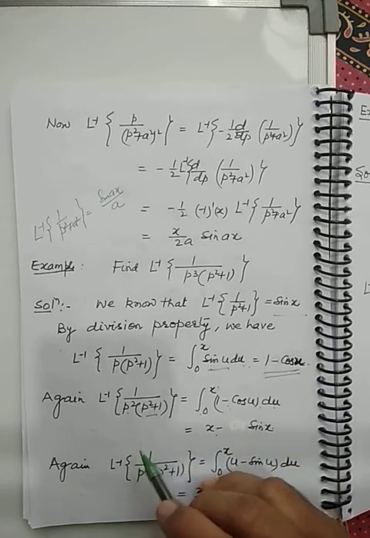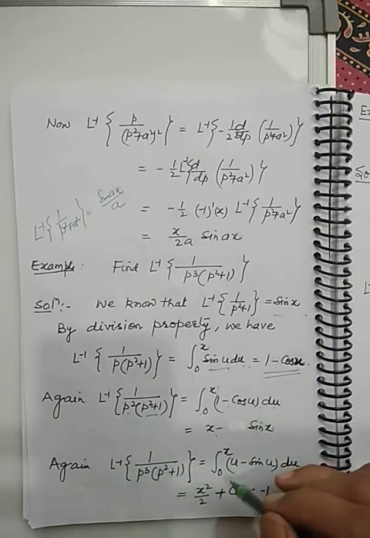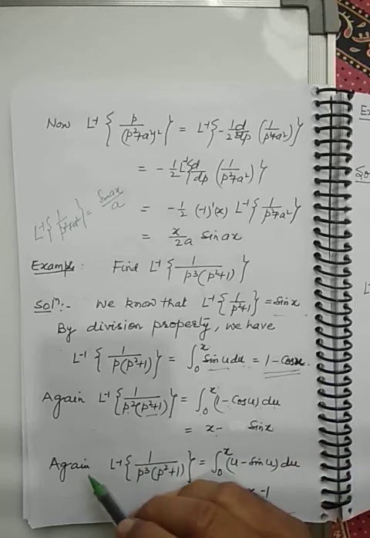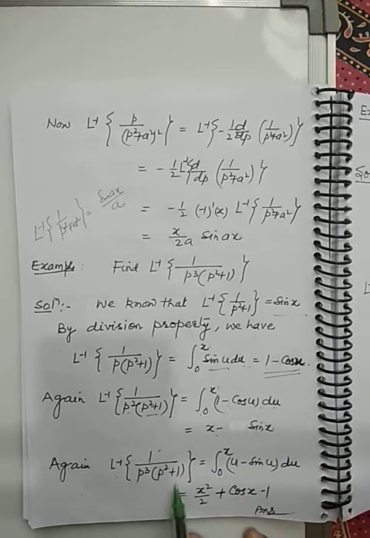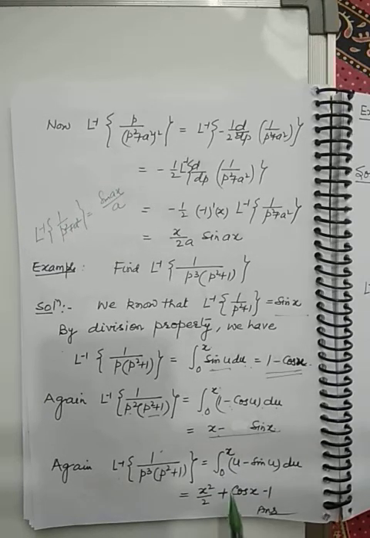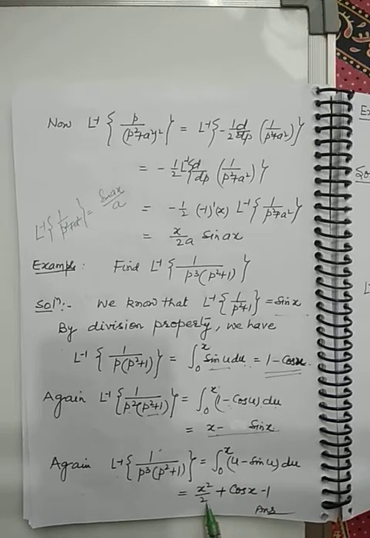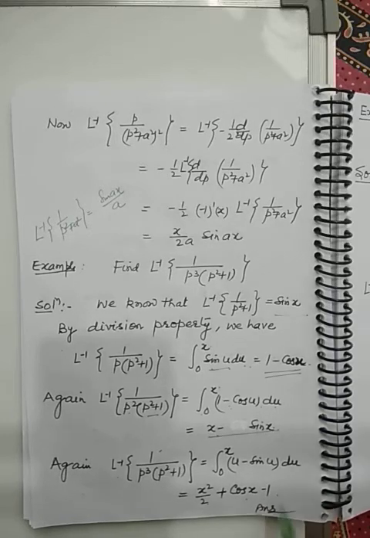Again integrating with respect to 0 to x, the inverse Laplace transform of 1 upon p cube (p square plus 1) will be equal to the integration of this one, 0 to x of (u minus sin u) du, or integrating this one and putting the limits from 0 to x, it is x square by 2 plus cos x minus 1.